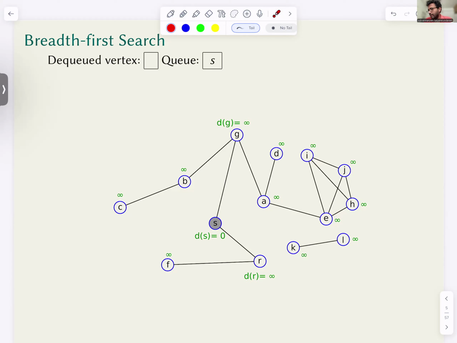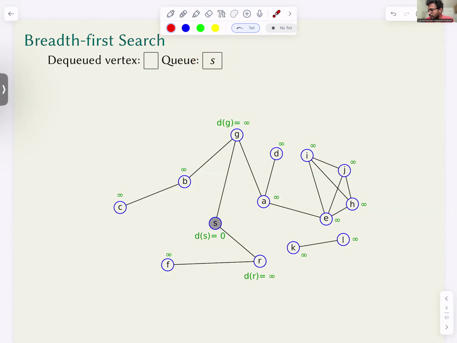Notice another thing during the execution: all the vertices were initially white. Then S came into the queue, so now S is gray. Everything else is still white. The queue is written at the top here.